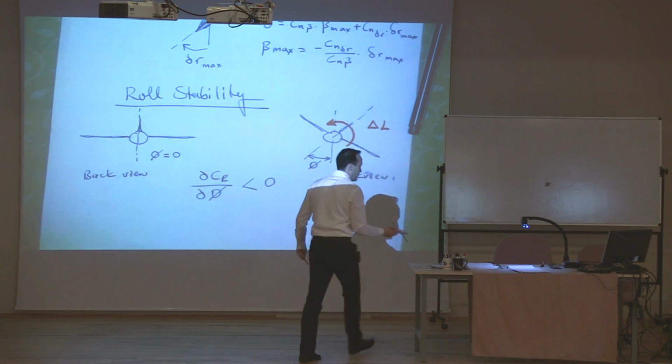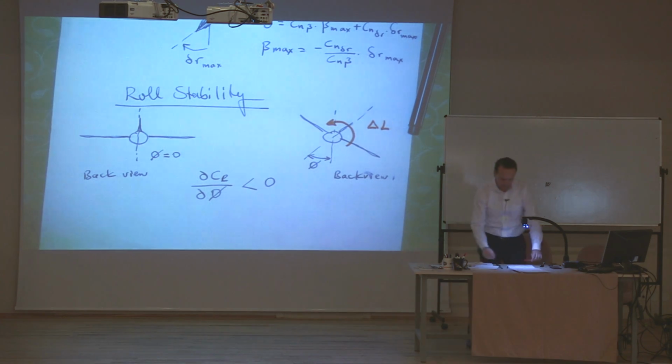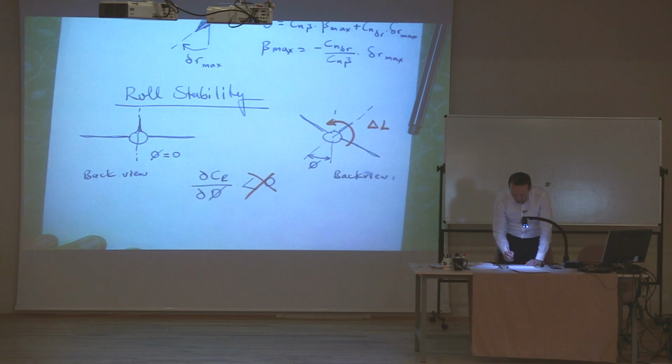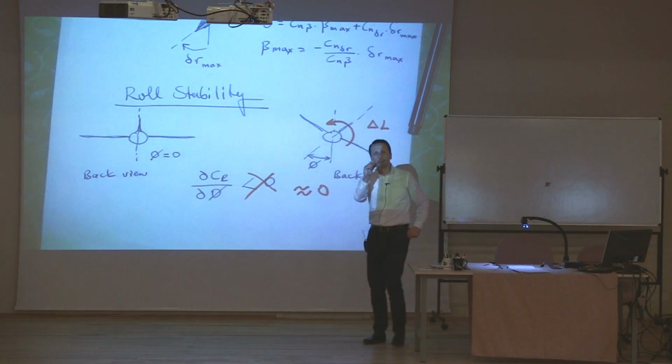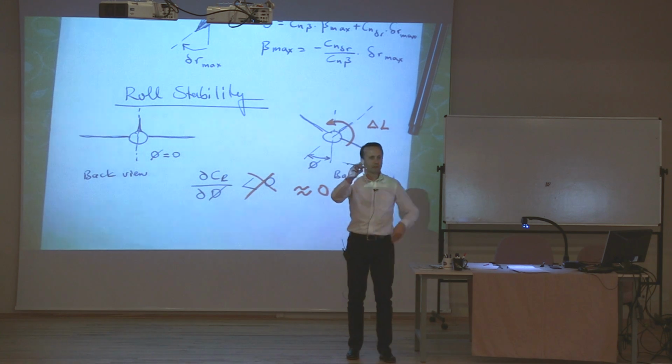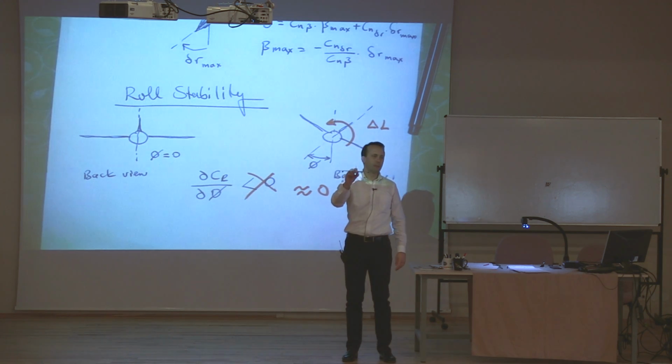So in reality, this is not really the case. For most airplanes, this is close to zero. There's no reason, because of phi, for this airplane to come back. You rotate, it will not come back.